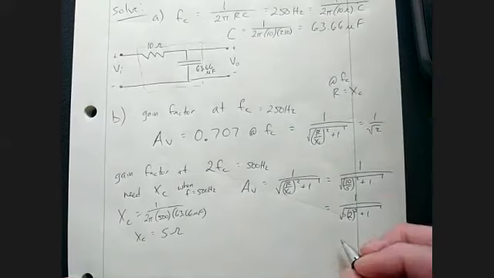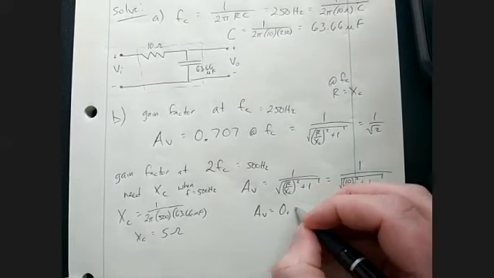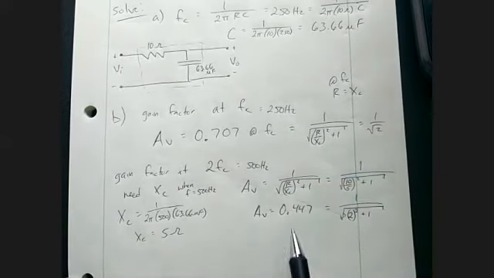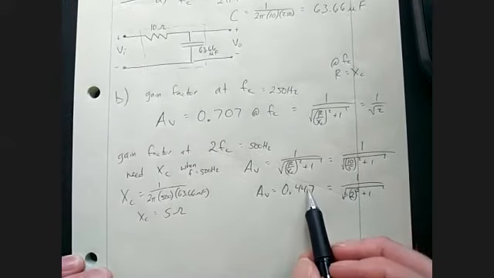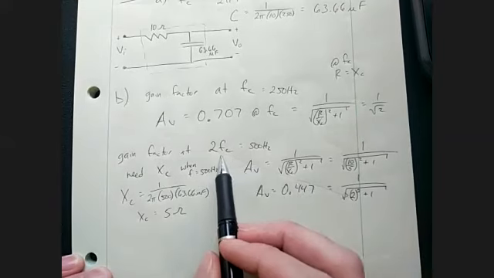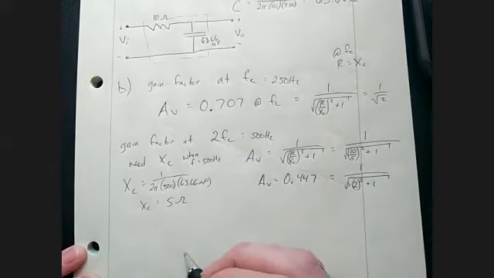Whenever I plug those in, I get AV of 0.447. So my output voltage is less than even half of what the input voltage is. It's filtering it out, which makes sense because we're greater than the cutoff, and this is going to let the low frequencies go through. So less than half of the voltage gets to come out.